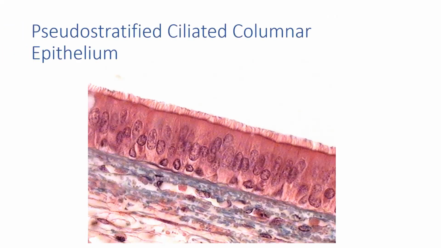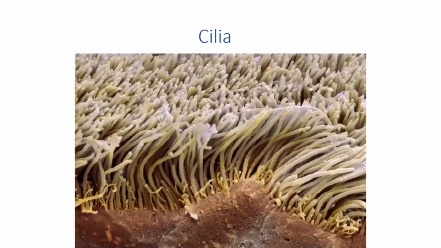Okay, so this is what pseudostratified ciliated columnar epithelial cells look like. There's the cilia. The cilia move in one direction. If they're lining the airway, they're moving mucus. If they're in the oviduct, the fallopian tube, they're going to help to push an egg along. There's the cilia right there. And this is what they look like up close.